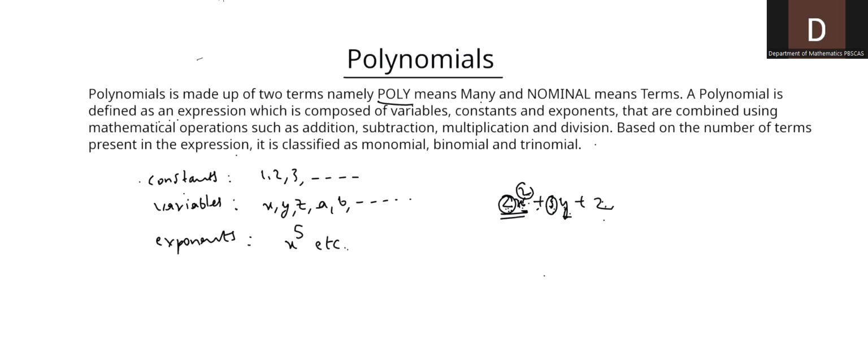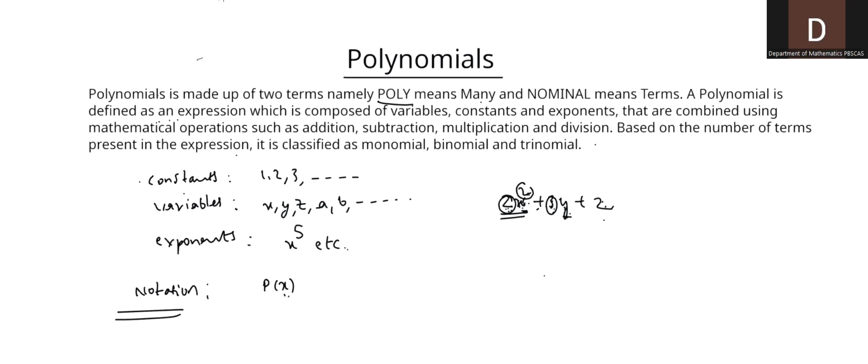Now, polynomial notation. The polynomial function is denoted by p of x, where x represents the variable. Suppose we take a as the variable. If the variable is denoted by a, then the function will be p of a.